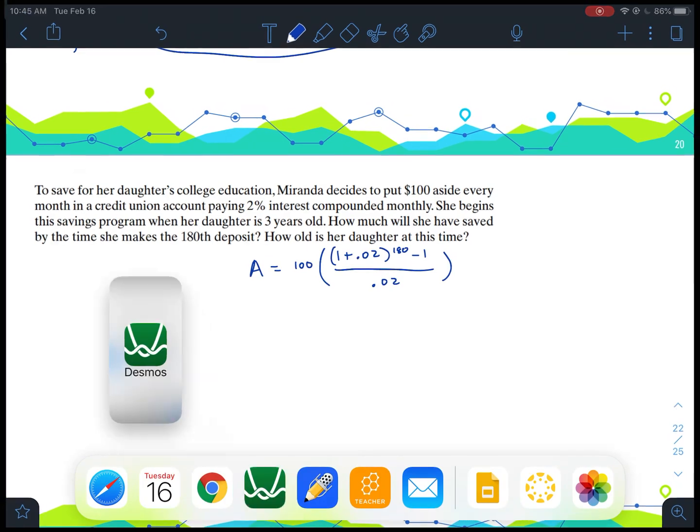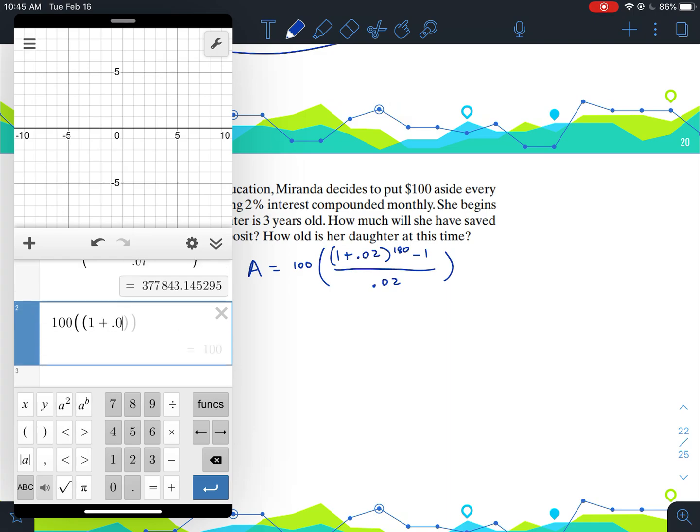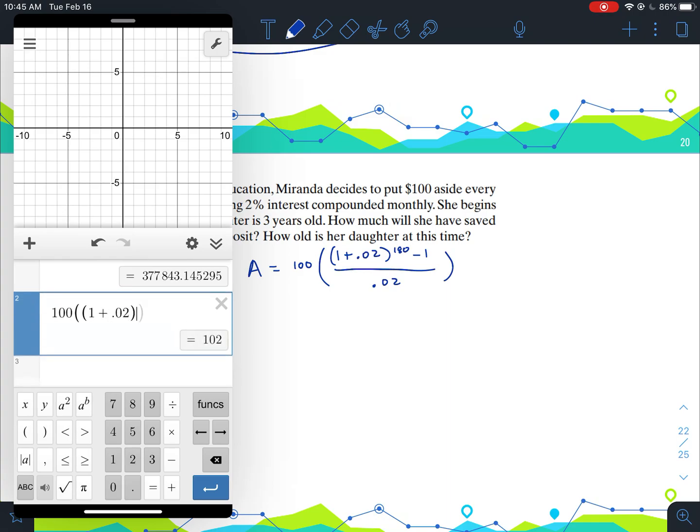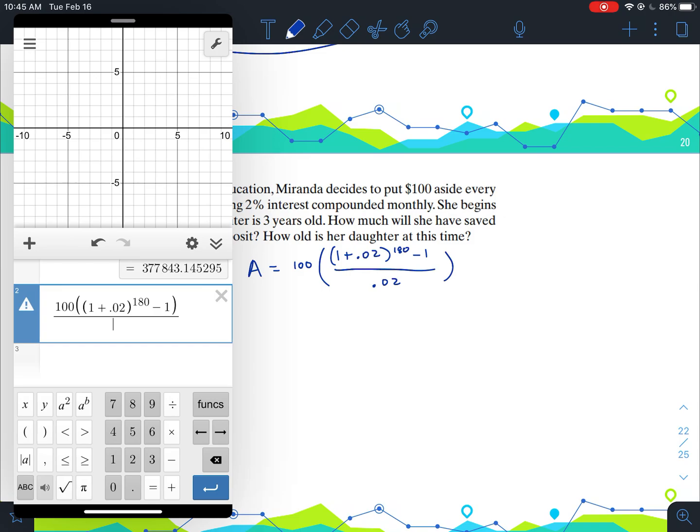All right, so now if we go on Desmos and do this, we would get 100 times parentheses 1 plus 0.02 raised to the 180th power, then minus 1, and then divided by 0.02.